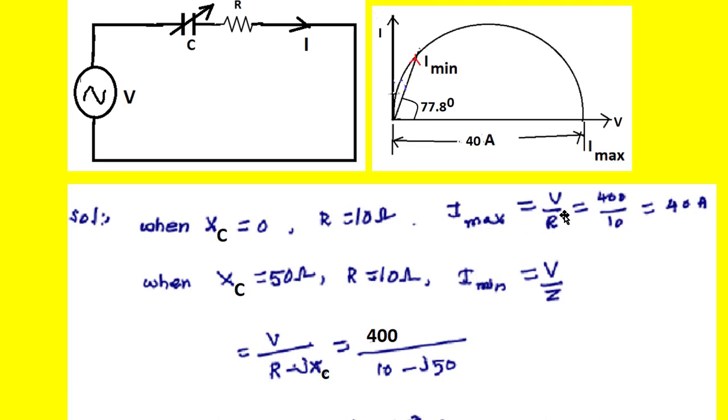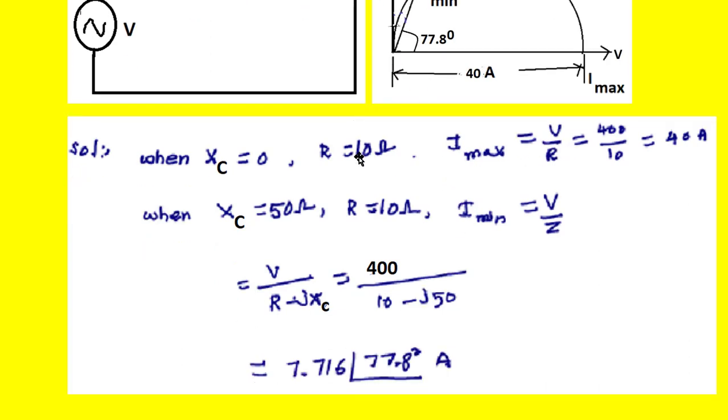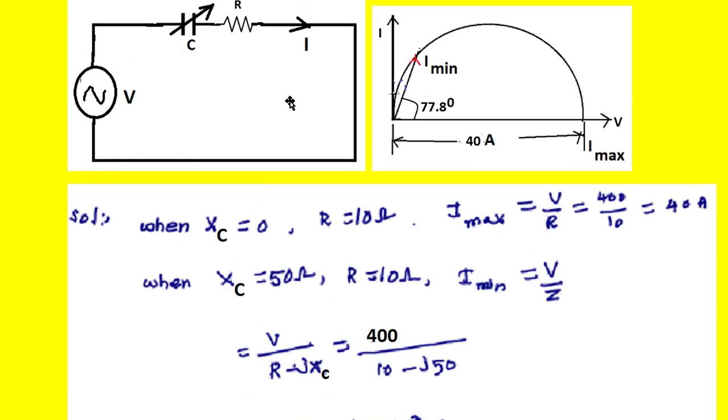Then draw the vector diagram like this. When XC is equal to 0, R is equal to 10 ohms, so this circuit will become purely resistive. In a pure resistor, the voltage and current are in phase with each other. The maximum current under this condition will become V by R, that is 400 by 10. So we get 40 amperes.